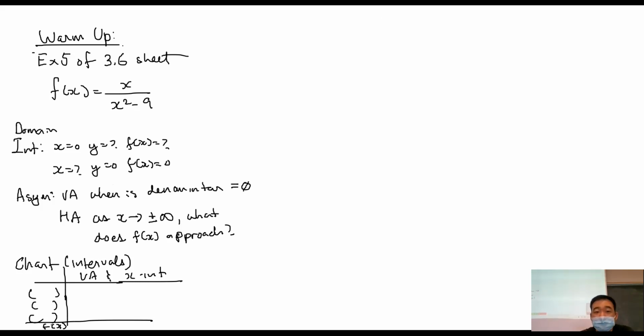Here we go. Domain. X is always going to belong to the real numbers. However, x squared minus 9 cannot equal 0. Well, you can do it in your head, but let's be real here.